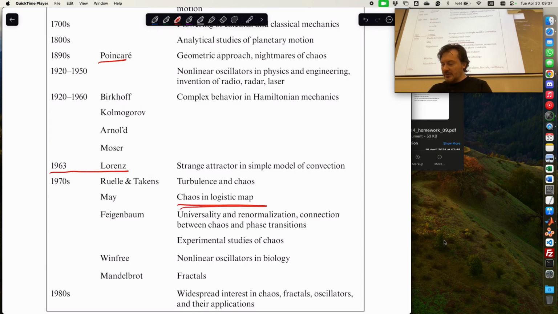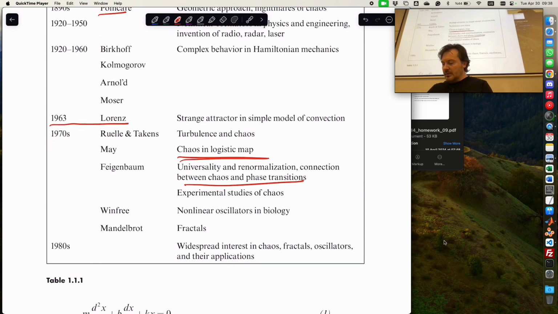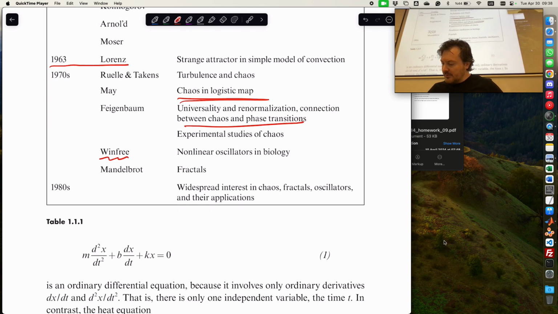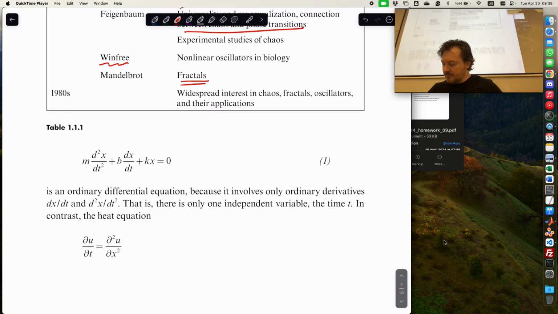We already did this. Feigenbaum, universality, renormalization, connection between chaos and phase transition. Already did that, sort of. Then there is Winfree, nonlinear oscillations in biology, and fractals, widespread interest in chaos, etc.